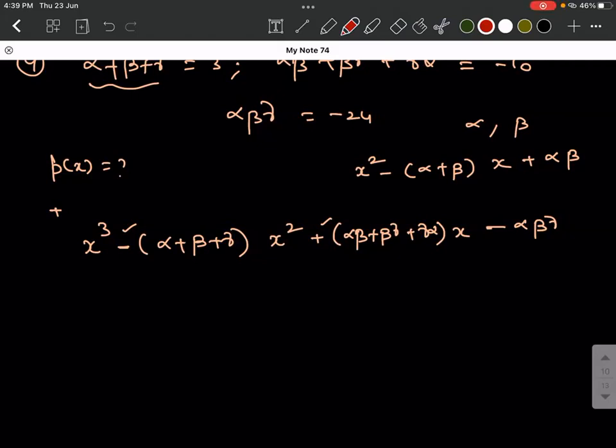So how did you people do? Same logic, no? You were checking for the options, no? Minus b by a is equal to 3, c by a is minus 10. So x square minus 3x minus 10x, minus 24, sorry, plus 24. Which option is that? x square minus 3x minus, yes.